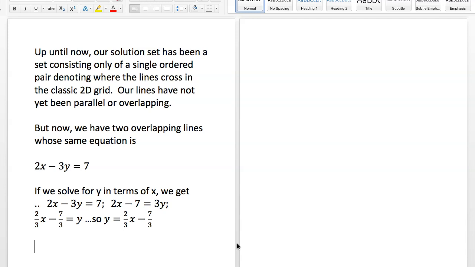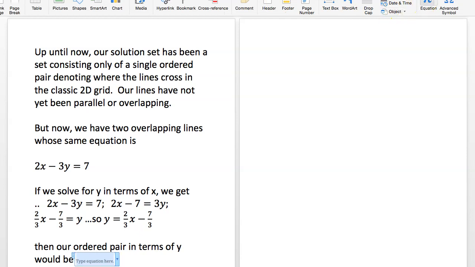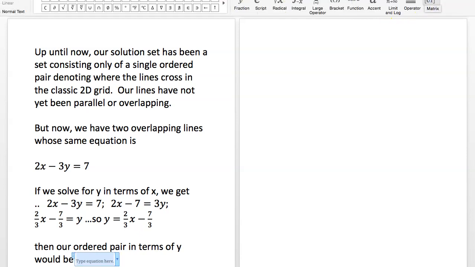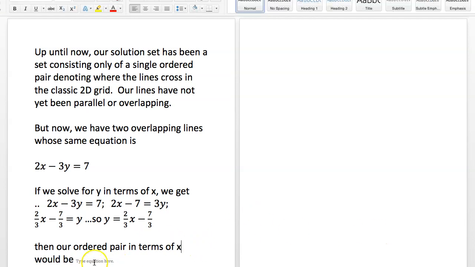Then our ordered pair in terms of x would be the set of all ordered pairs x comma y, infinitely many things, such that, it's the swervy swirl bracket, the set of all x, y, and the vertical bar means obeying.